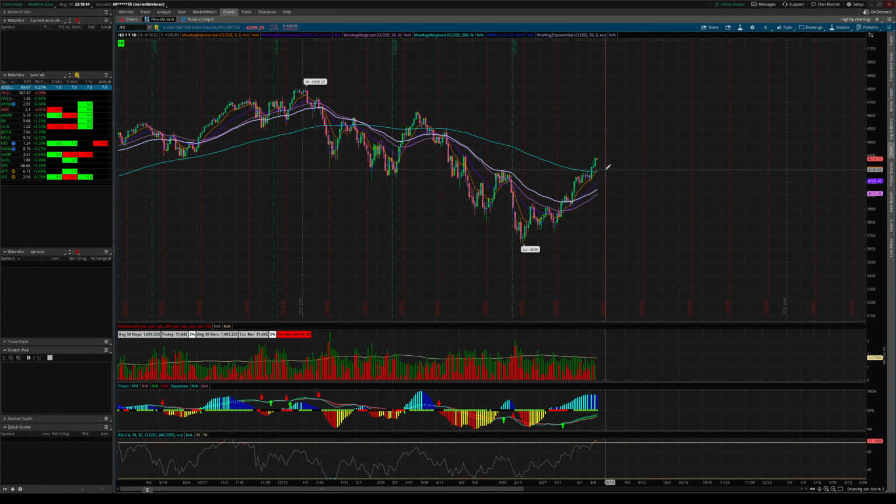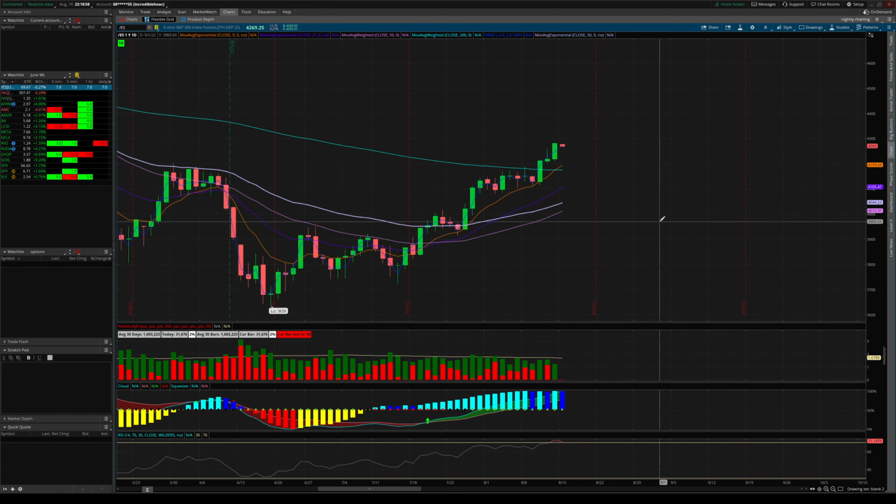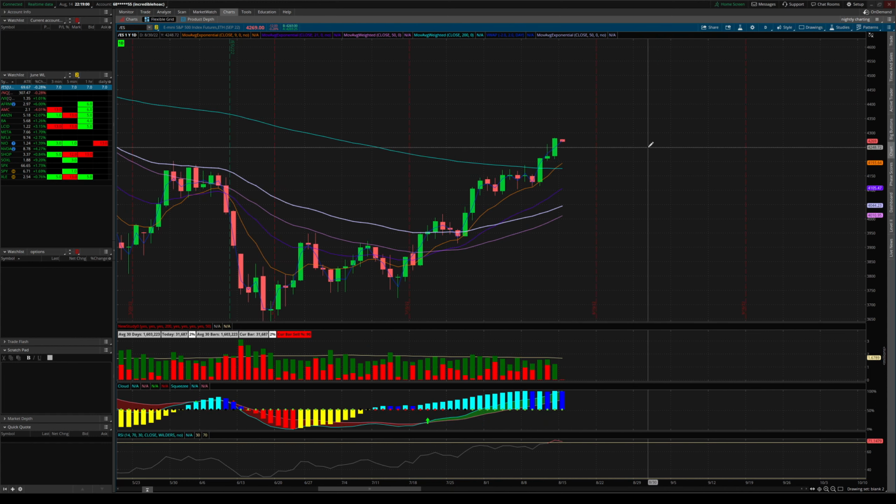And if we're below it, it's a long-term downtrend. You can also see that a golden cross is formed when the short-term moving average crosses over the long-term moving average. So what we have right here is our daily 9 EMA crossing over the 200, right? So that's a golden cross.